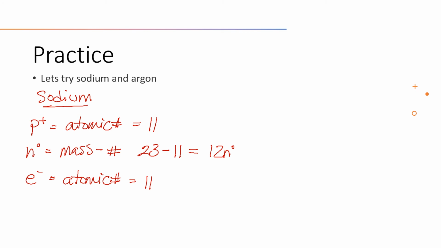Okay, so again, if you need to, pause the video and give argon a try, and try figuring out those protons, electrons, and neutrons, and then we will go over it together. Okay, so argon, when we find argon on the periodic table, the number of protons is the same as the atomic number, which is 18. The electrons, again, same as the atomic number, which is 18.